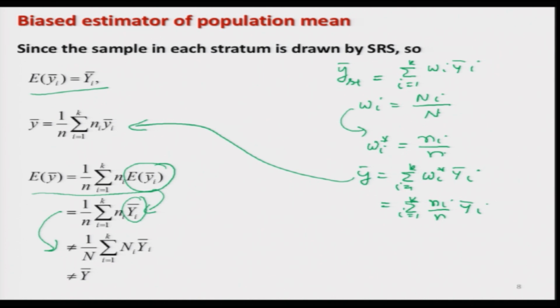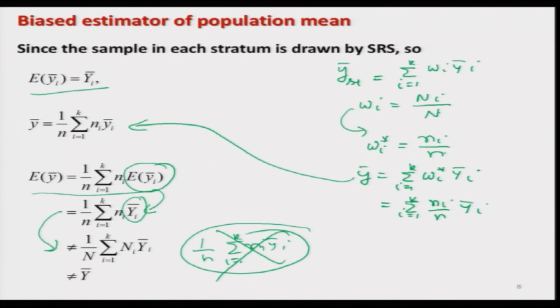Now, in case you argue that I can define the population mean by the sum, i from 1 to k, of ni times y bar i, possibly this is not correct, because you are taking only ni observations which are not representing the population. The population has capital Ni observations in every stratum, and you are choosing only the selected number of observations from every stratum to indicate the population mean, which is itself contradictory.